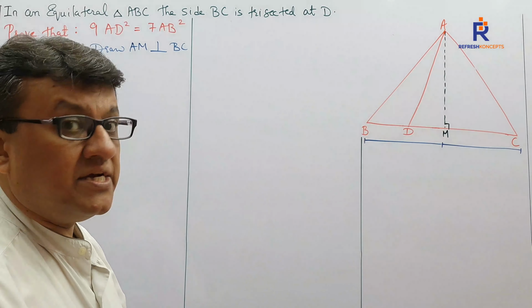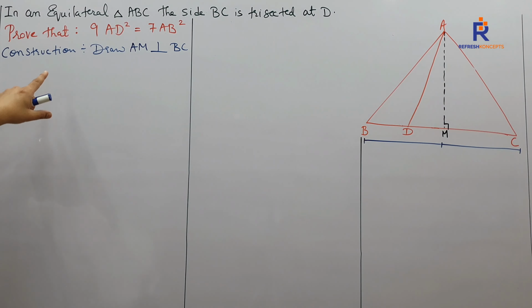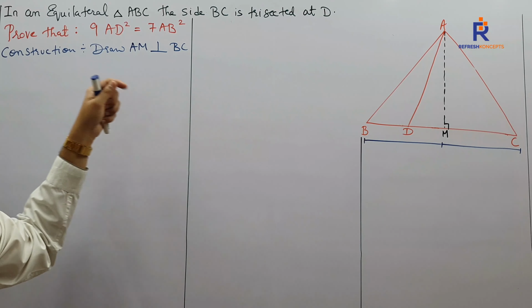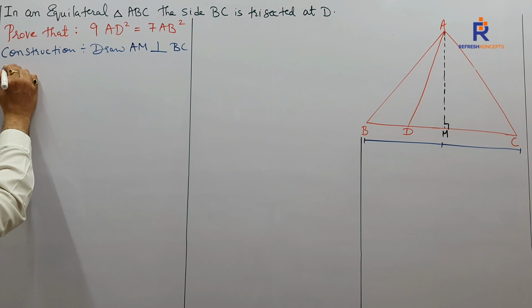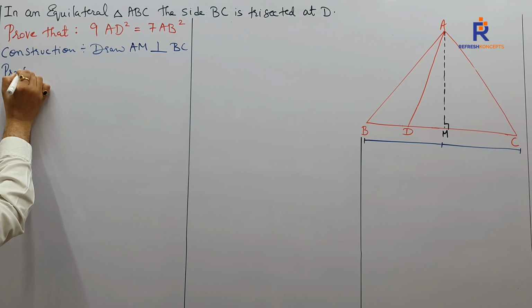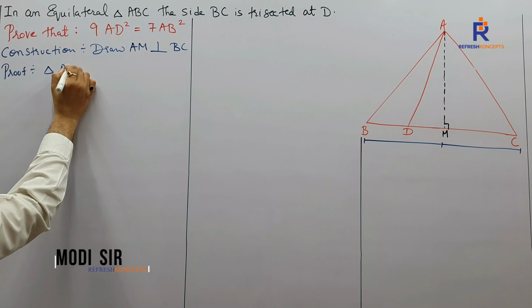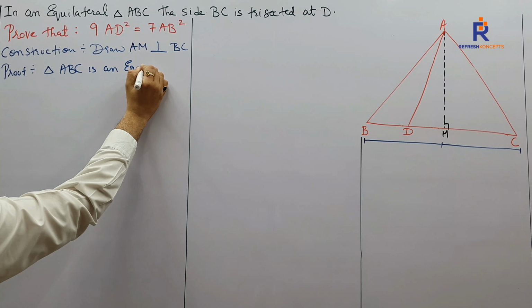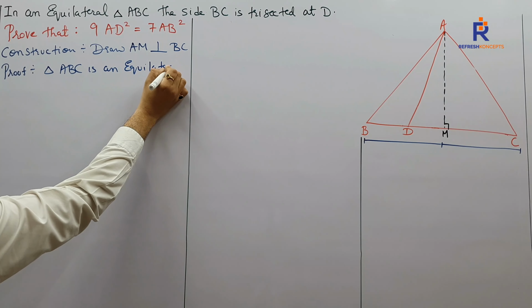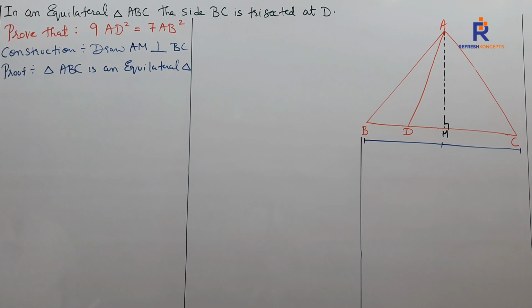What next? Let me look at my proof and first initialize a couple of steps that we have to write down, and then I'll make you understand what exactly we are trying to do. Our proof starts now. Triangle ABC is an equilateral triangle. That's what is given to us.